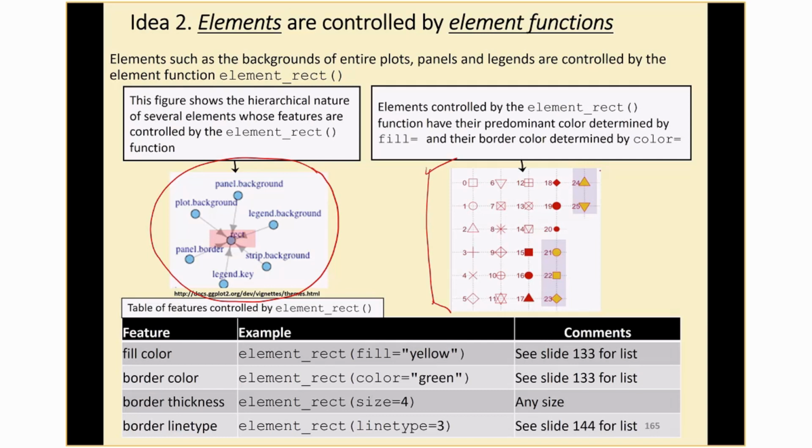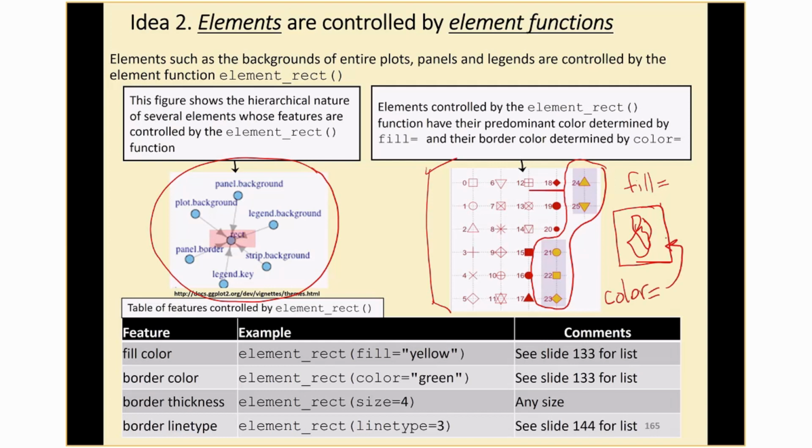The important point to remember if you're dealing with an element which is essentially a rectangle is it's going to act like one of these guys, in the sense that if there's our rectangle, fill equals is going to determine the predominant color, and color equals is only going to control the border.